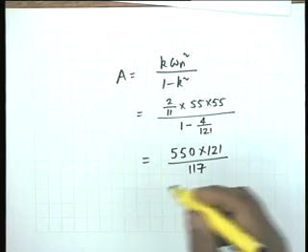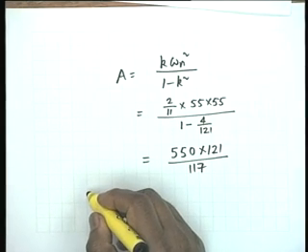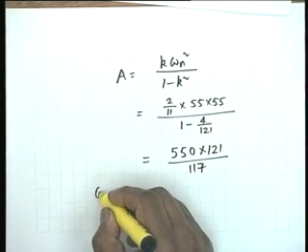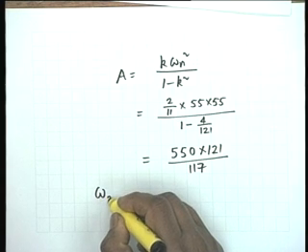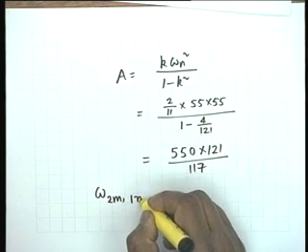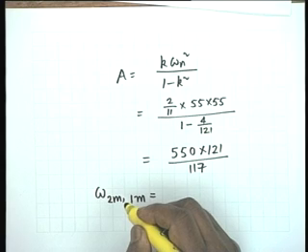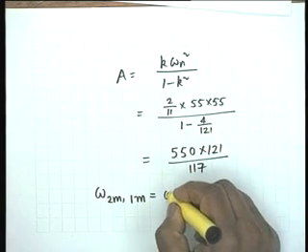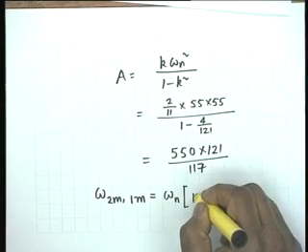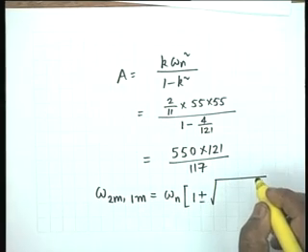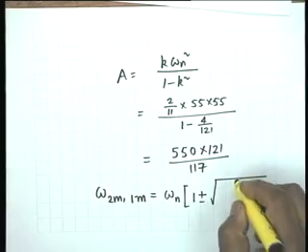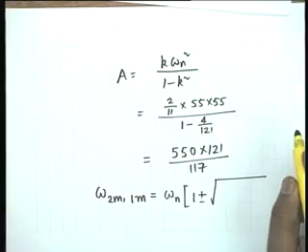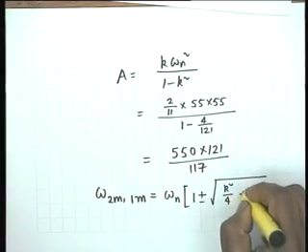Okay. Then I find out the maxima, the frequencies of maxima, that is omega 2m and omega 1m. I have already derived the values from that triangle. The values are omega n multiplied by 1 plus minus square root of k square by 4 minus zeta square.